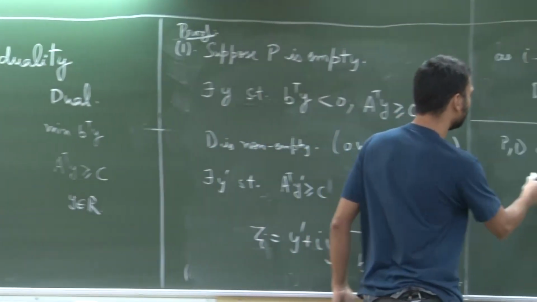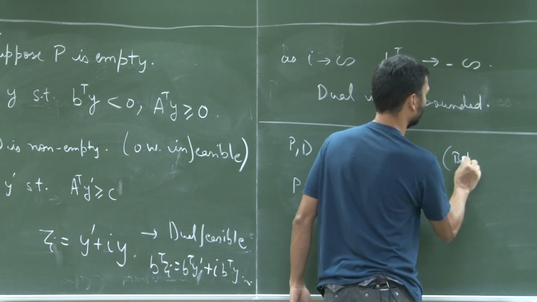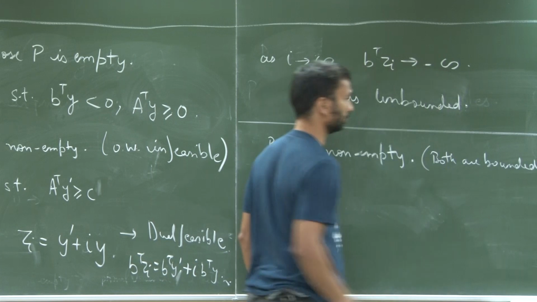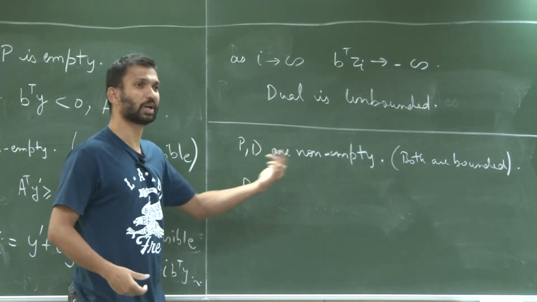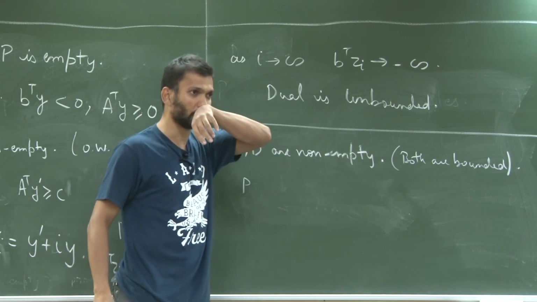But let's say both are non-empty and both are bounded. I can assume that because if any of them are unbounded, then I know that the other has to be empty, right? So if these are non-empty, it implies both are bounded.